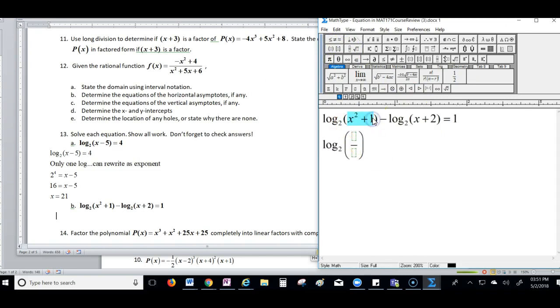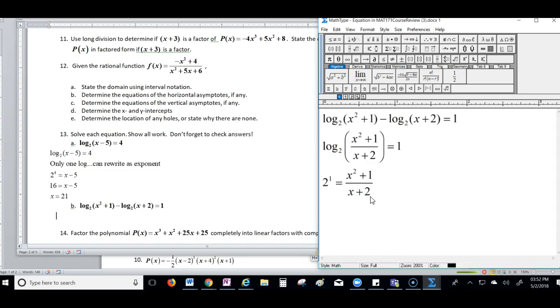So the first log is my numerator, the second log is my denominator, and the right side of my equation did not change. Now I'm going to re-express it as an exponent because now I only have one log expression. So 2 to the first power equals what's inside the logarithm.